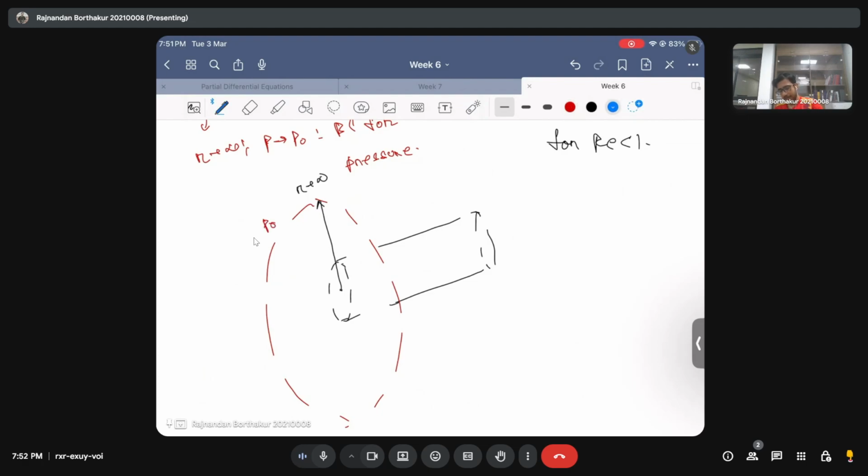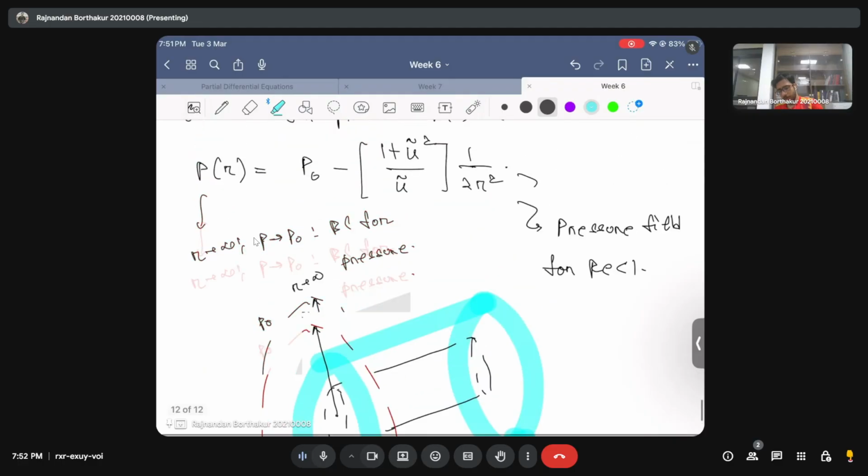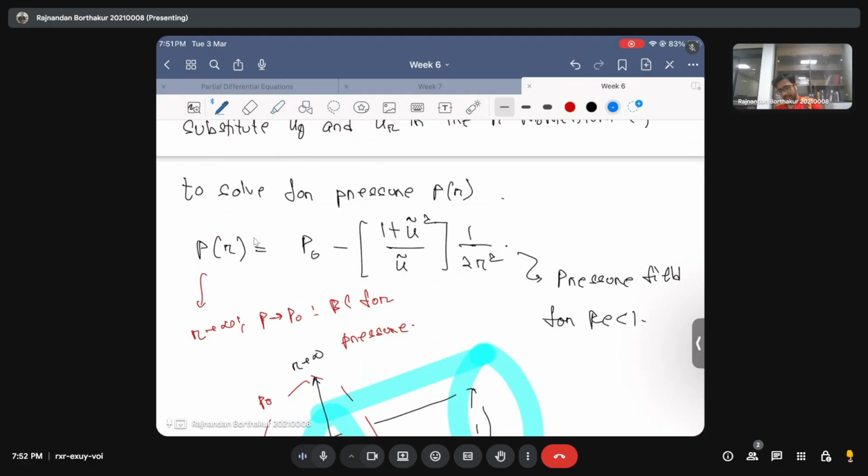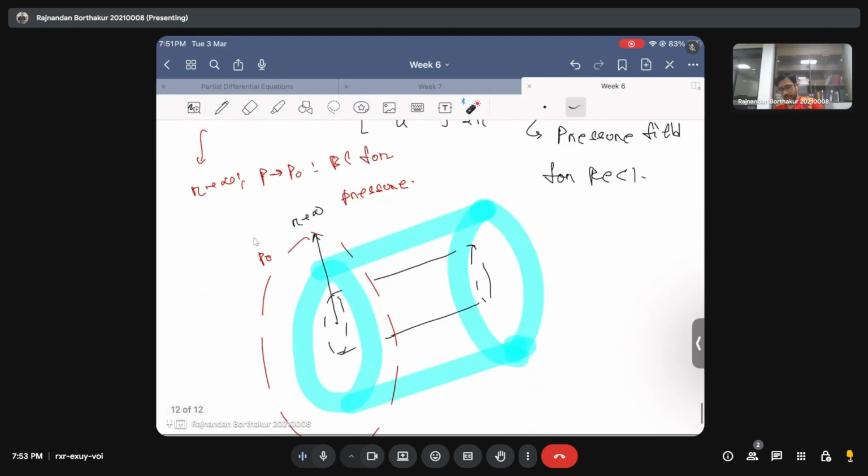And near the cylinder, maybe in this zone of the fluid, you see that your pressure field is actually less than p naught, because this entire quantity is positive, which means that you are kind of having a suction.